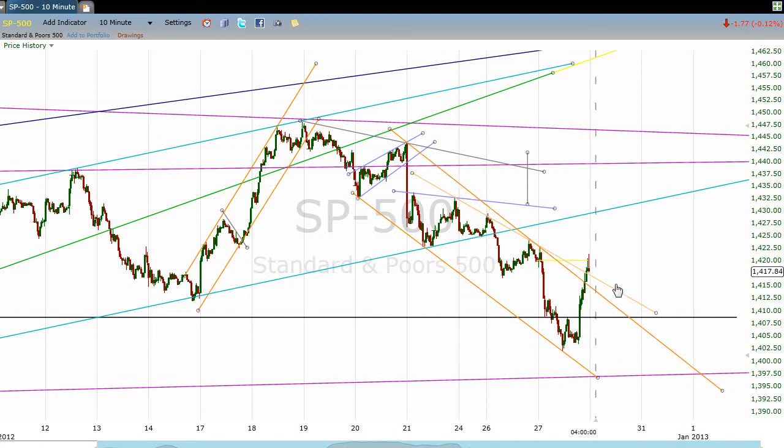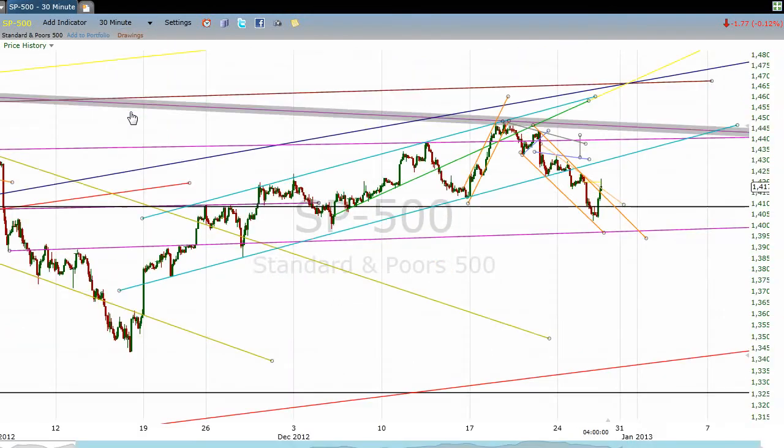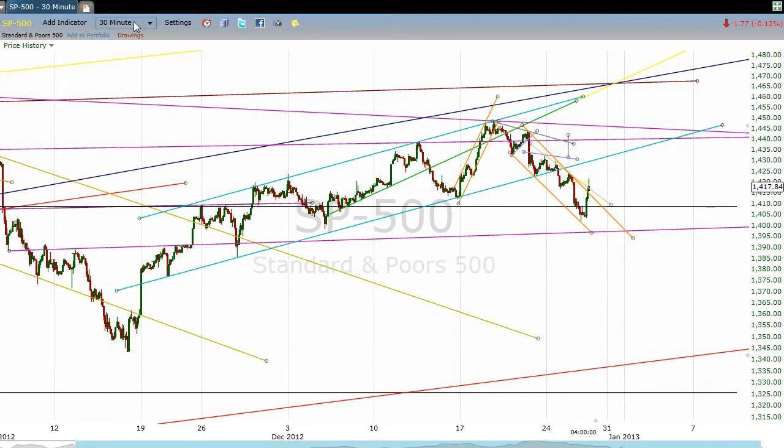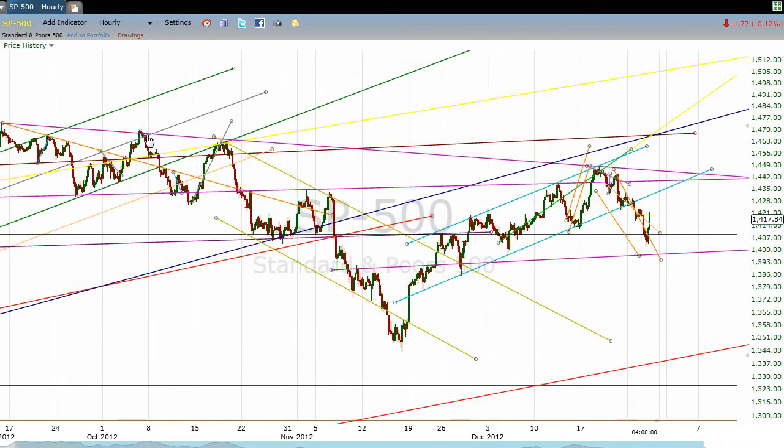But the way this potential inverted head and shoulders pattern might shape up, I don't really expect that. I'm thinking we would maybe find support a little bit higher than where we found it today if this pattern pans out.